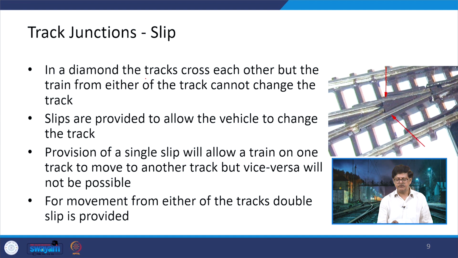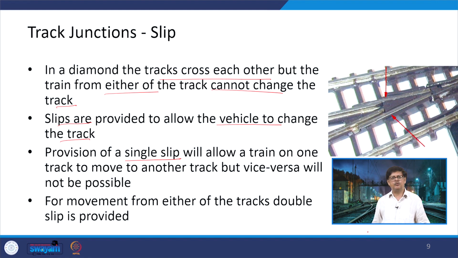In the diamond, the tracks cross each other, but a train on either track cannot change the track. Slips are provided to allow vehicles to change the track, depending on the particular direction in which it needs to be done. If it is to be done in only a single direction, then a single slip can be provided, which will allow a train on one track to move onto the other track or vice versa.